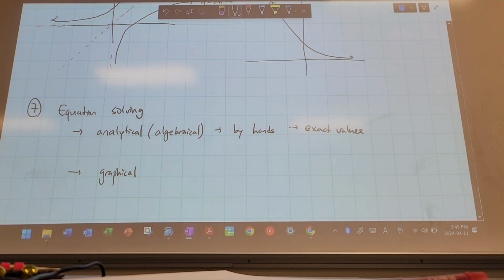To solve things analytically, we need to use our skills in algebra, such as factoring, completing the square, things like that, or using a specific formula. For the graphical solution, we use a calculator, and therefore quite often we'll have to use approximate values.